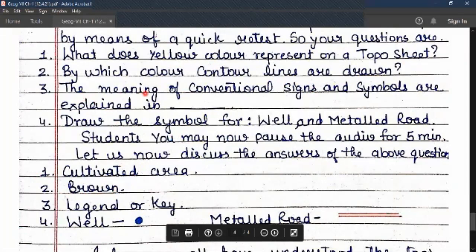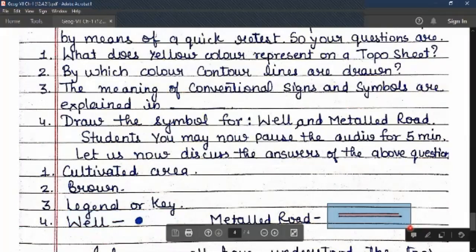And the meaning of conventional signs and symbols are explained in a legend or a key. And the symbol for well is a blue color dot, whereas a metalled road is two parallel lines which are red in color.